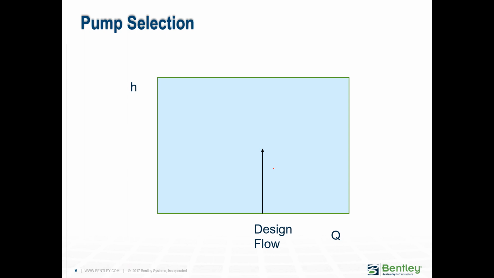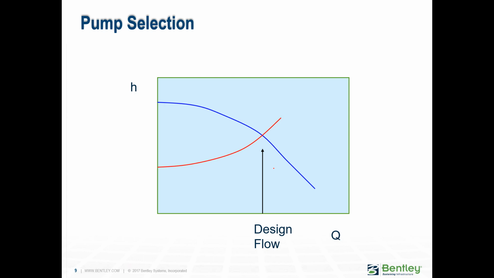All right, so now that we understand that a little bit better, how do we go about selecting the best pump? Good pump selection really involves picking a pump for which the design flow, which we get based on projections, right? So we figure out how much flow this is going to have to pump.